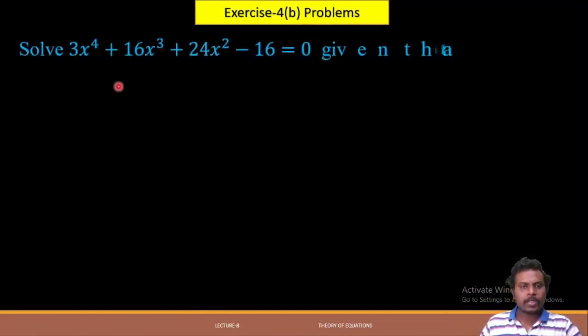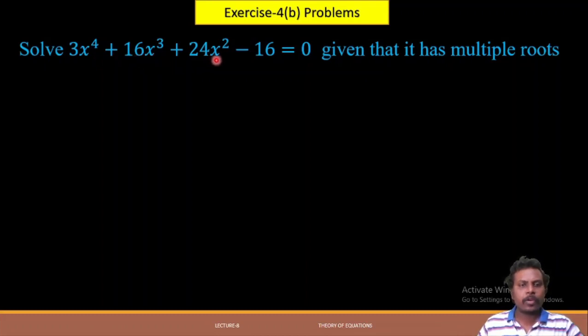Let us solve one more problem on multiple roots. Here is the problem. Solve 3x power 4 plus 16x cube plus 24x square minus 16 is equal to 0, given that it has multiple roots. Okay, let us try to solve this equation. Here is the solution.